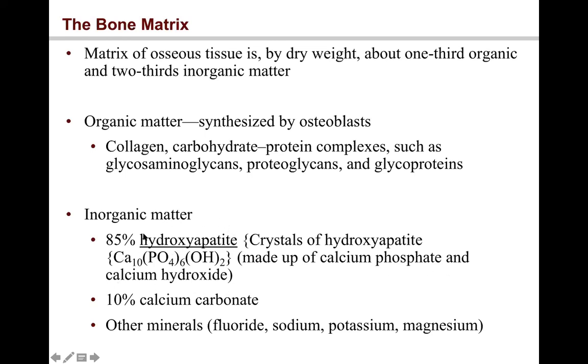So you do have to remember hydroxyapatite, but you do not need to remember the chemical composition or the formula for it. You have to know that hydroxyapatite is made up of calcium phosphate and calcium hydroxide.